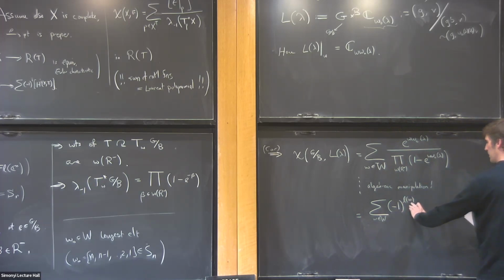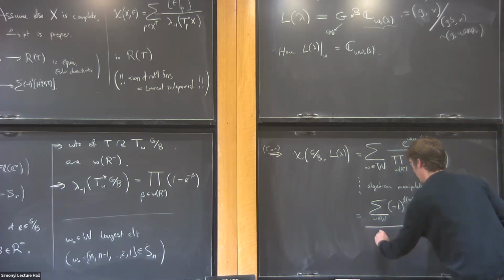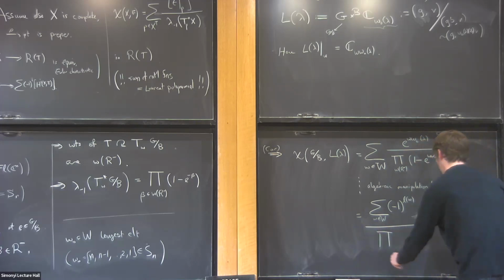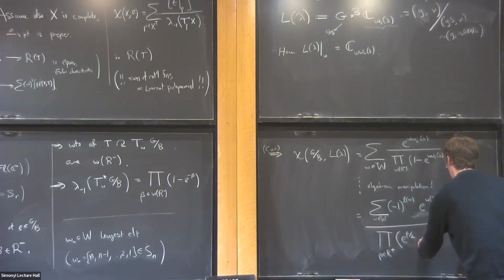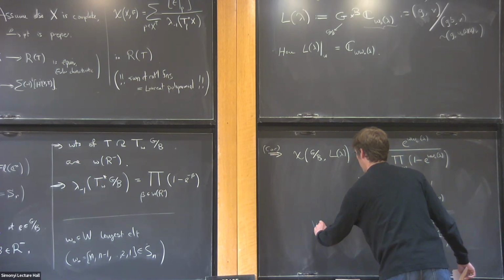So I got a minus 1 to the length of W, that's the number of inversions, e to the W of lambda plus rho, all divided by a common denominator, which is the product over all positive roots beta of e to the beta over 2 minus e to the minus beta over 2. And this is what's known as the Weyl character formula.